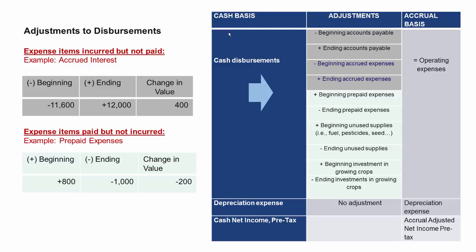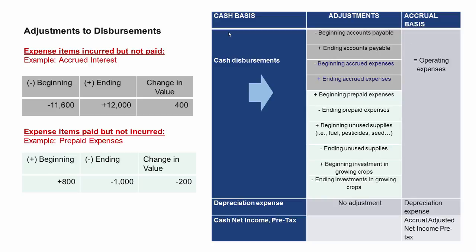When we adjust disbursements, there are two different procedures. If expense items were incurred but not paid, this is the case of accounts payable and accrued expenses that produced income this year but cash will be paid for them in the next year.